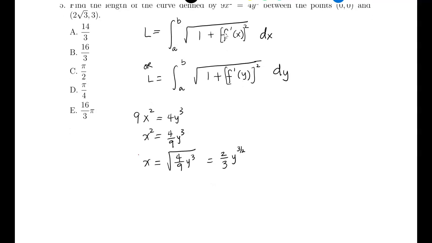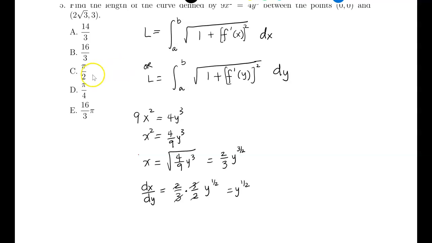So therefore, the next step is to get the derivative. Let's take the derivative dx/dy of that explicit function. The derivative will be 2/3 times 3 halves, y to the 3 halves minus 1 is 1 half, and you simplify that, that is just 1 half.